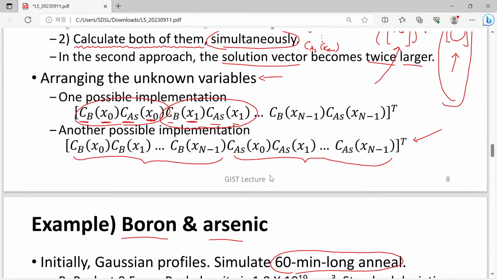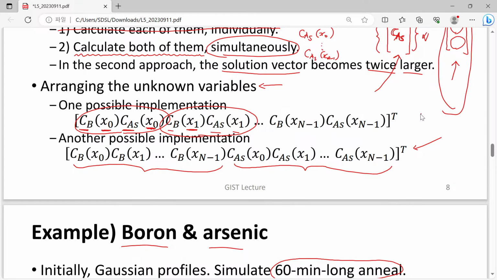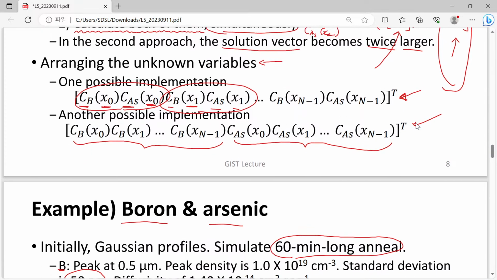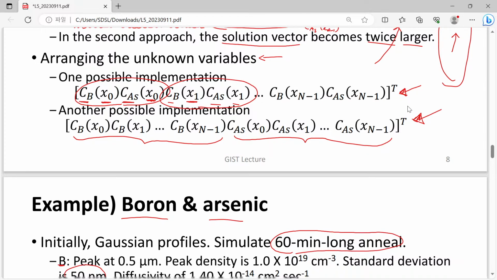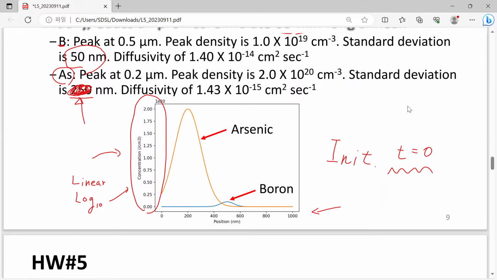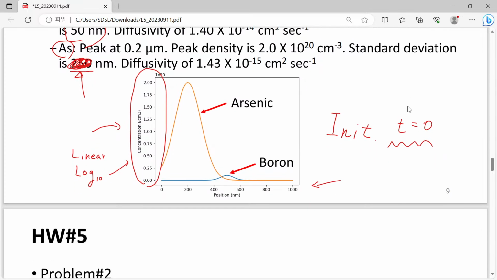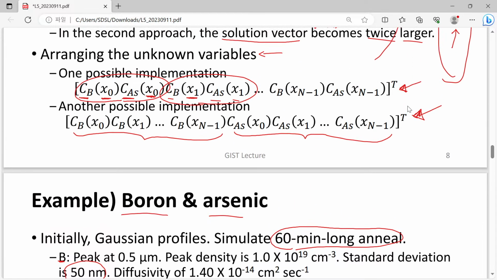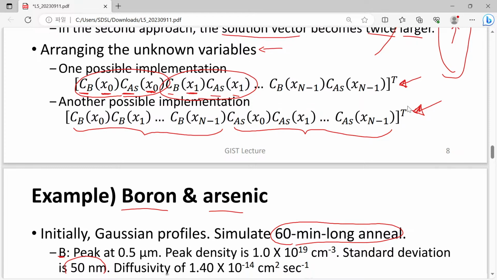Of course, it would be easier for you to take this kind of arrangement for your implementation. However, when your implementation becomes easier, your computer will spend more computational resources to solve that problem.